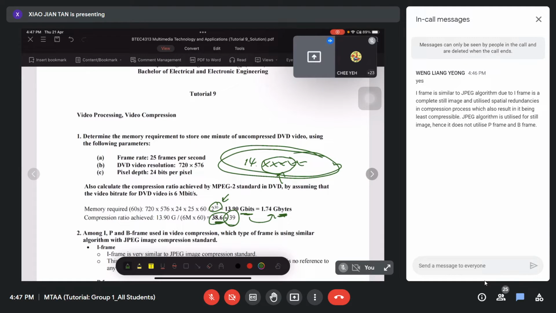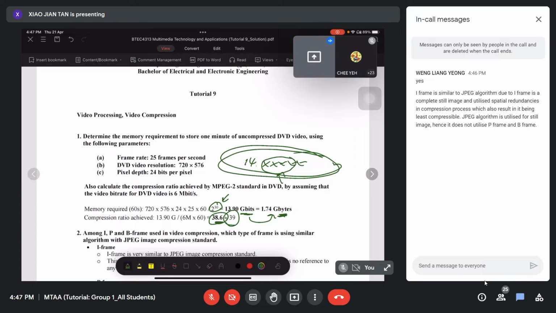Although I understand what you're trying to imply, the last sentence, JPEG algorithm is utilized for still image, and it does not utilize P frame or B frame. I'm not sure if I understand correctly. What you want to say is that JPEG is meant for still image, so I frame is still image.